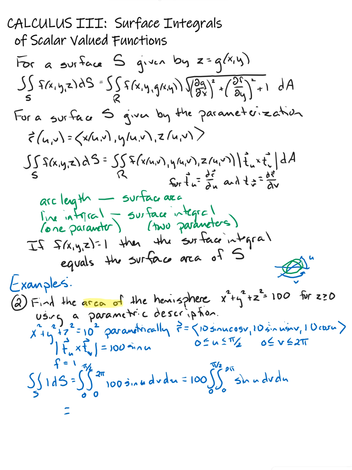That gives us 100 times the integral from 0 to pi over 2 of v sine u evaluated from 0 to 2 pi, which gives us 100 times the integral of evaluating v equal to 2 pi and then v equal to 0.